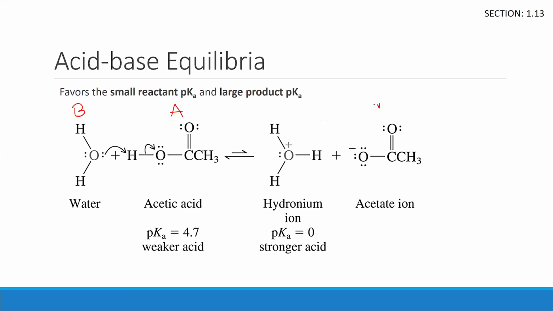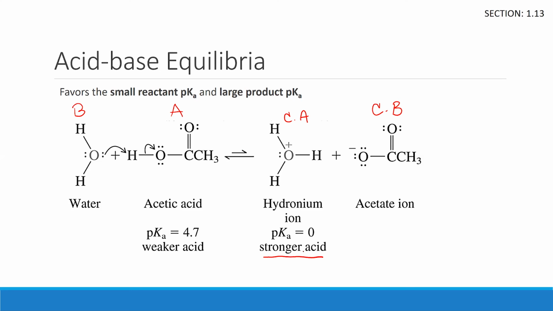That is going to be our conjugate base. And the hydronium ion is going to be our conjugate acid. Hydronium ion's pKa is 0. That's not very big, but when you compare, hydronium ion pKa is smaller than acetic acid pKa, which is 4.7. So hydronium ion in this case is actually the stronger acid.